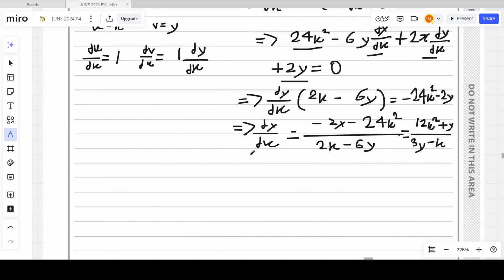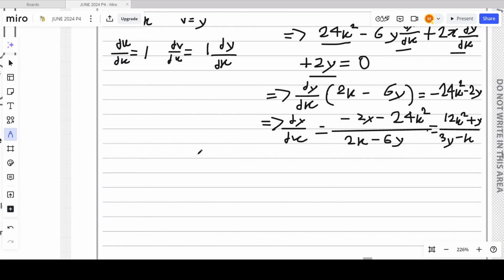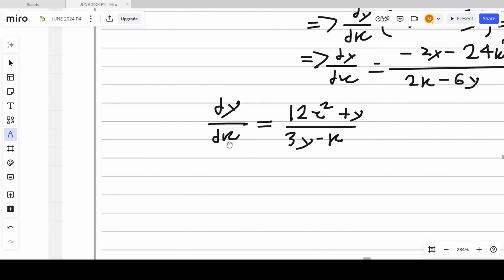So we got the derivative: dy over dx equals 12x squared plus y over 3y minus x.